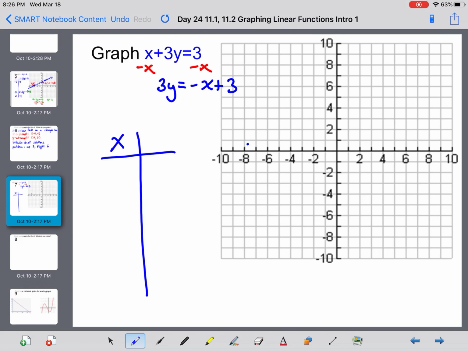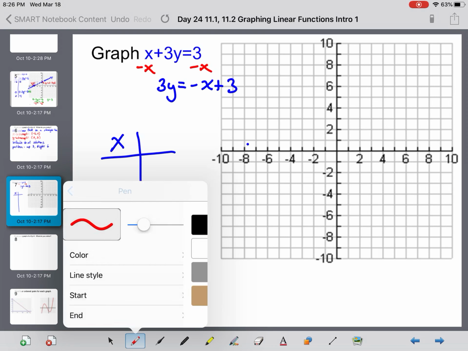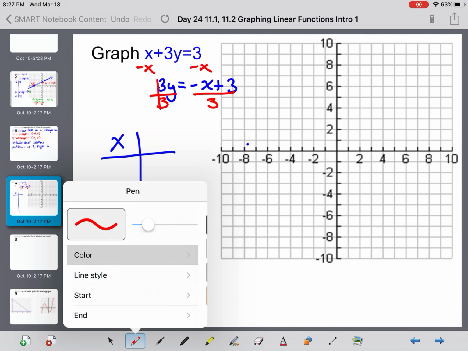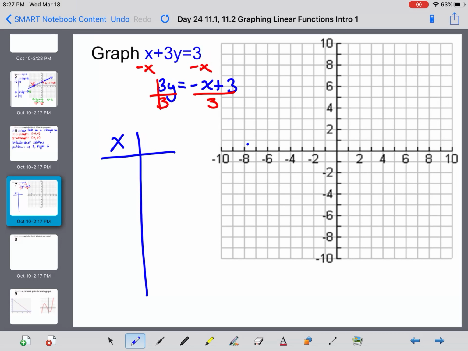That's going to be a nice habit to get into. Since I'm subtracting x, that's going to be -x, and then my 3 is positive, so that's going to be +3. Now, 3y equals is easier than what we started with, but still not ideal. I want to get this to be y equals, so both sides are going to get divided by the 3.